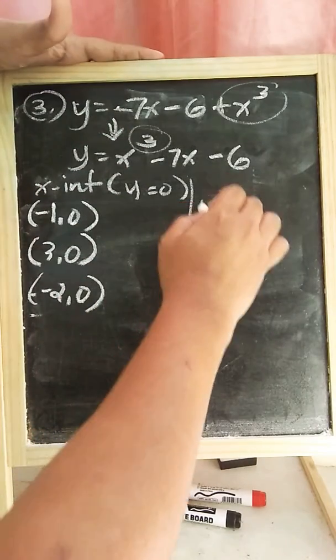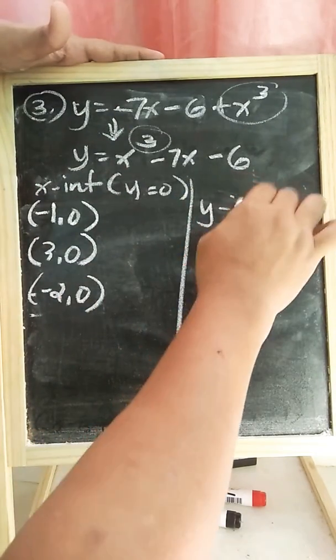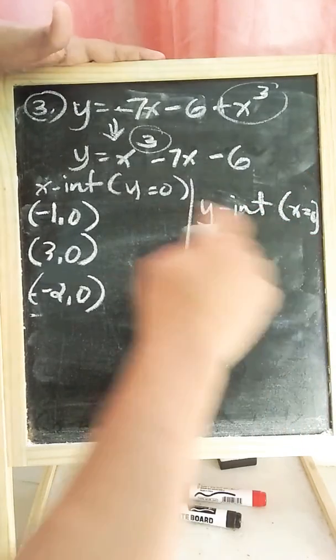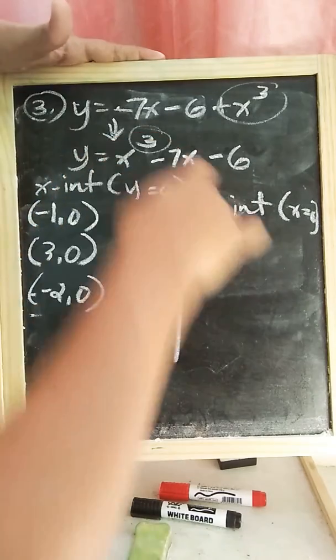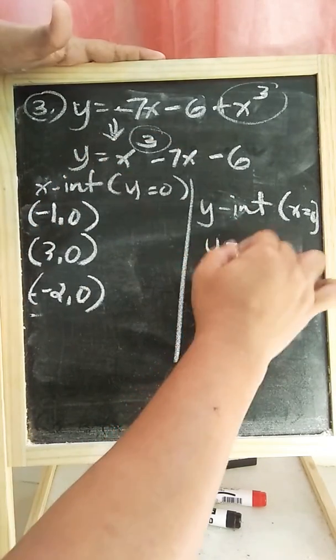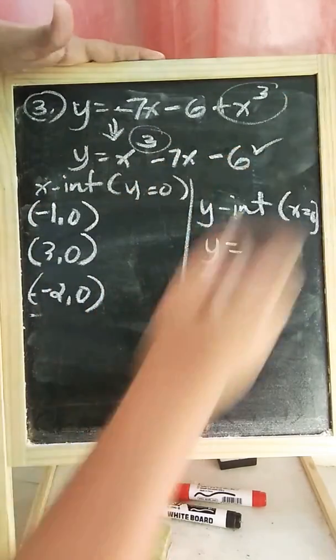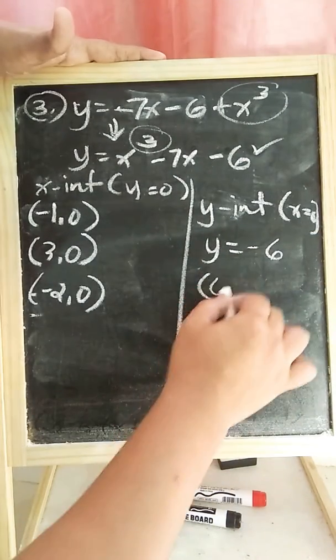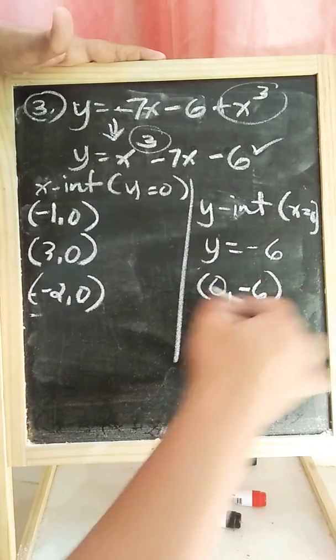Ang pinakamadali, si y-intercept. Pagdating kay y-intercept, your x here is equal to 0. So, obviously, 0 na to. Takpan na lang natin yan. Constant value ka agad. Y is equal to negative 6. So, your y-intercept is 0, negative 6.